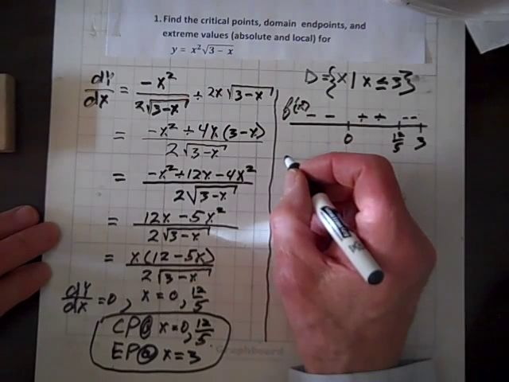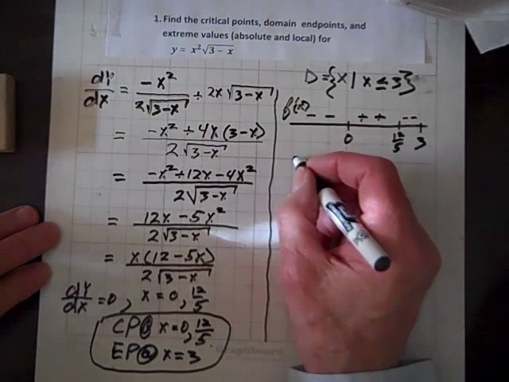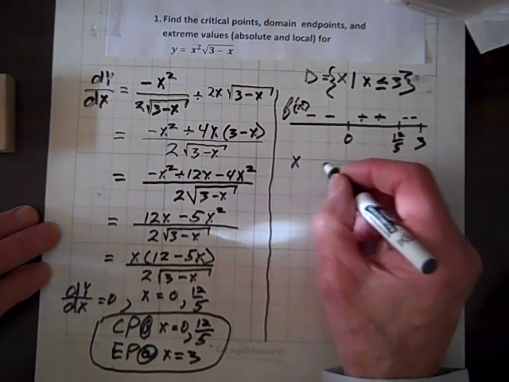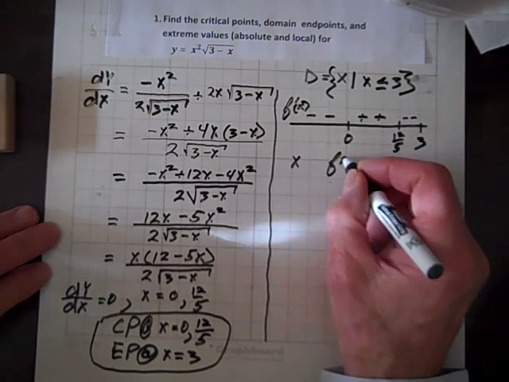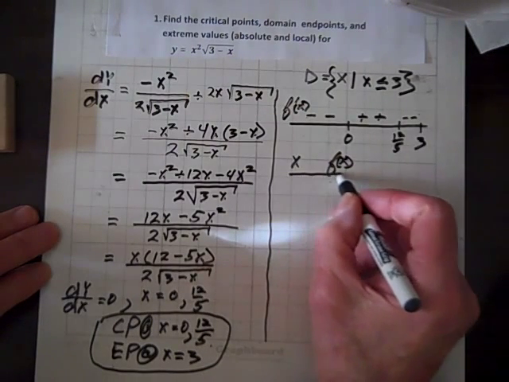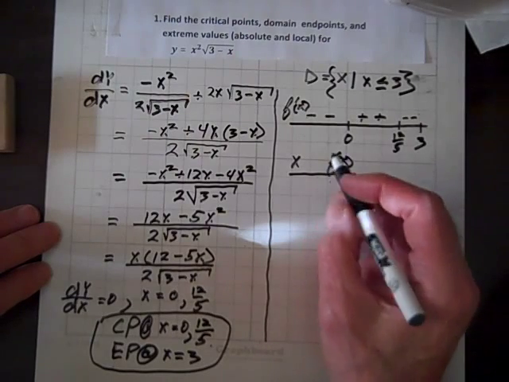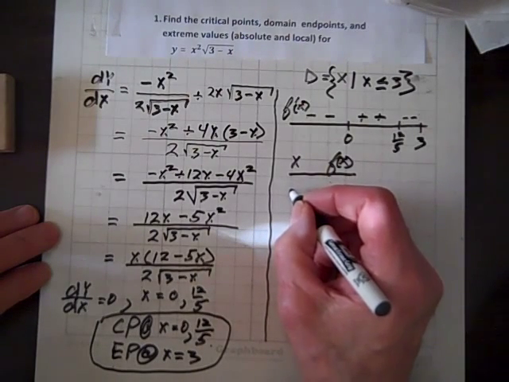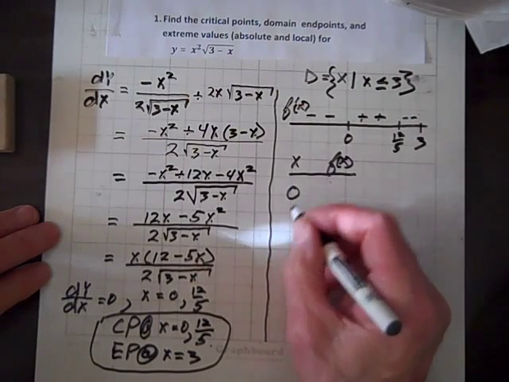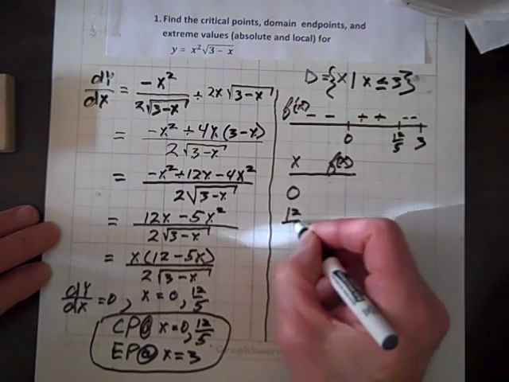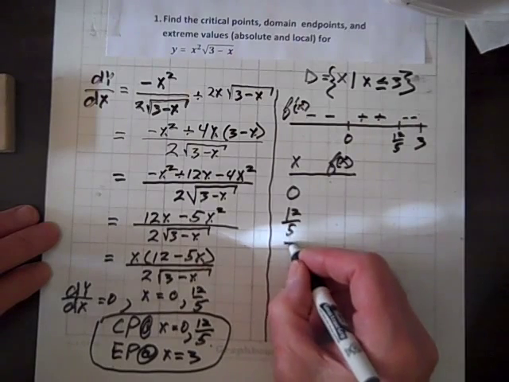Next thing, let's evaluate x and f of x for the critical points and the endpoints. So we're talking 0, 12 over 5, and 3.